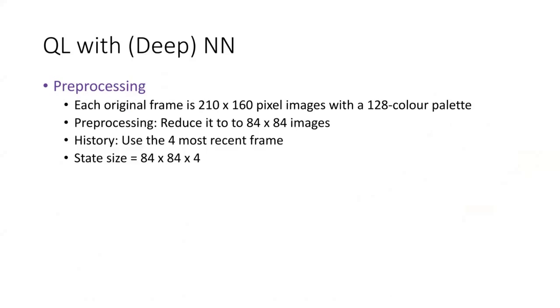They did some pre-processing that takes the original data, which is still a very large dimensional object, and converts it to an 84 by 84 image. And rather than using just the current image, their state is defined as the 4 most recent images. So the state size is this.